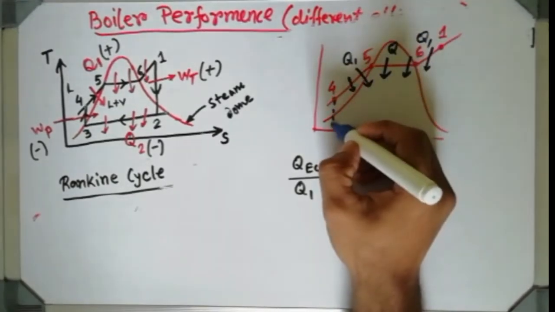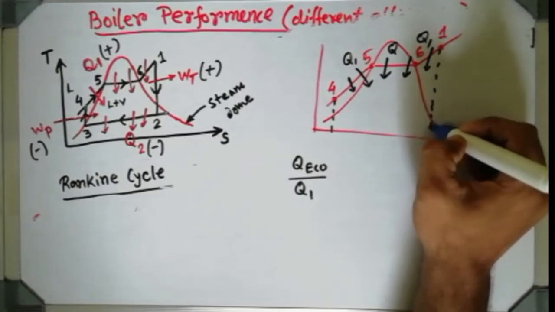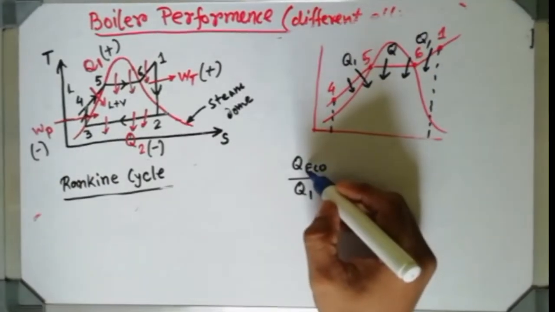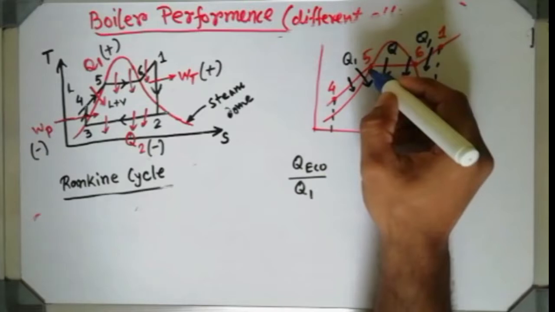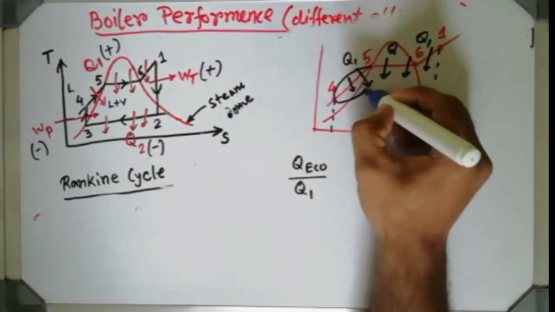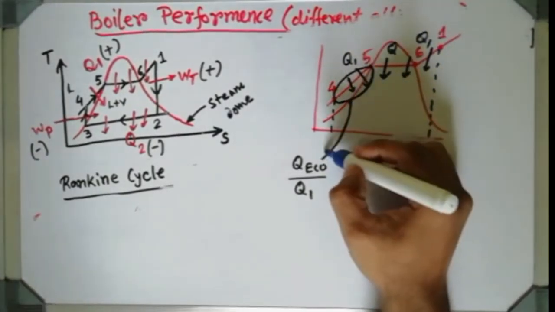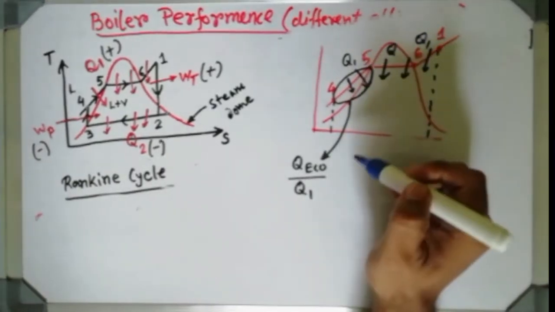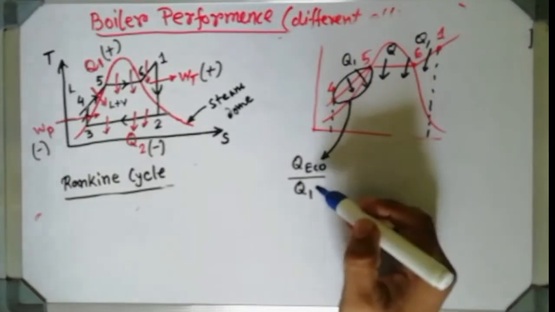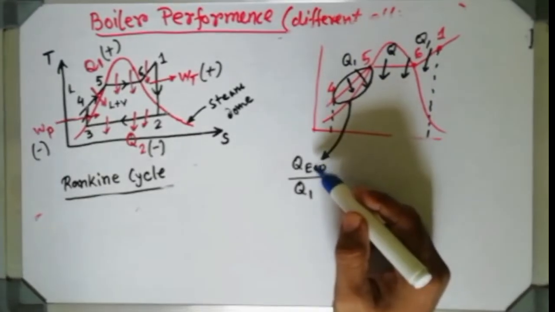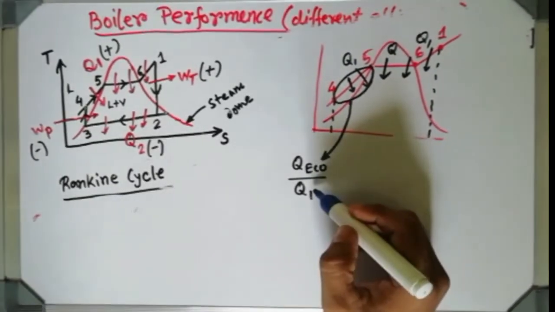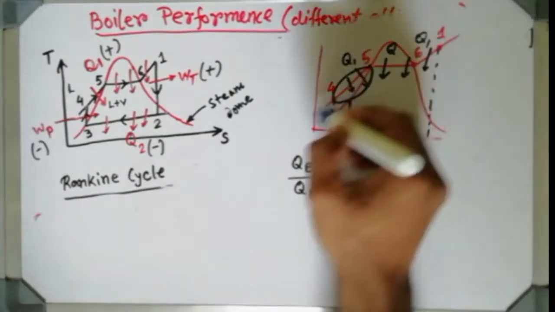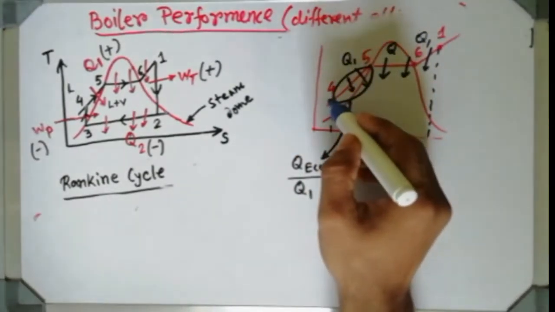Now if anybody tries to find out what amount of heat is being supplied inside the economizer, that is the part of the economizer, isn't it? Sensible heating is being done inside the economizer. So if you want to compare that, Q1 is the total amount of heat supplied during the process 4 to 1.